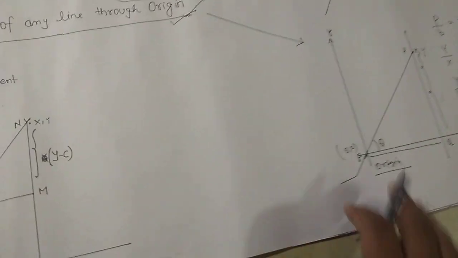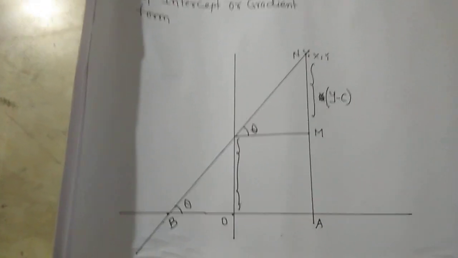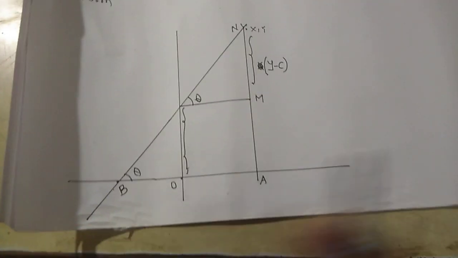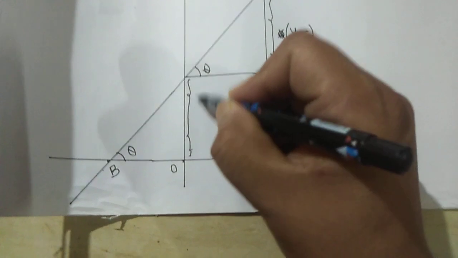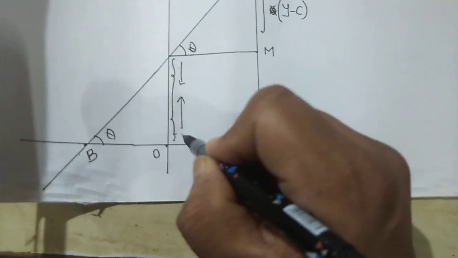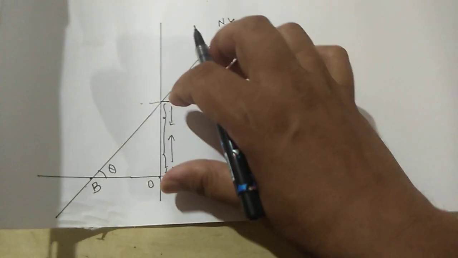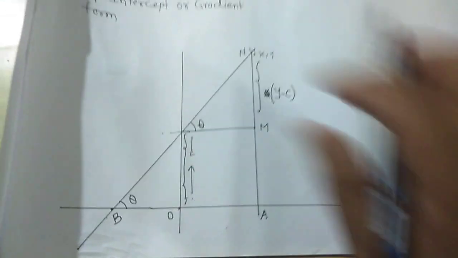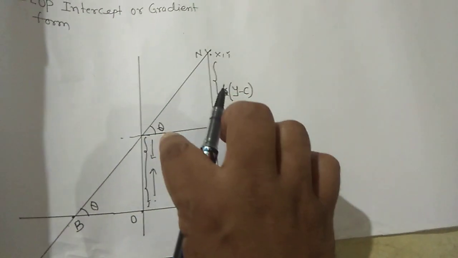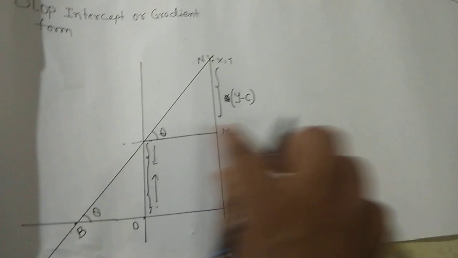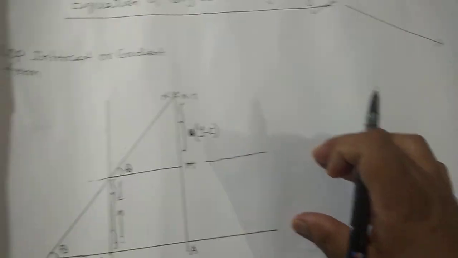Now coming to the second form, the slope-intercept or gradient form. How? See, suppose a line with angle theta cuts the y-axis at a distance c units from the origin, and has an angle theta with the horizontal line, that is the x-axis.